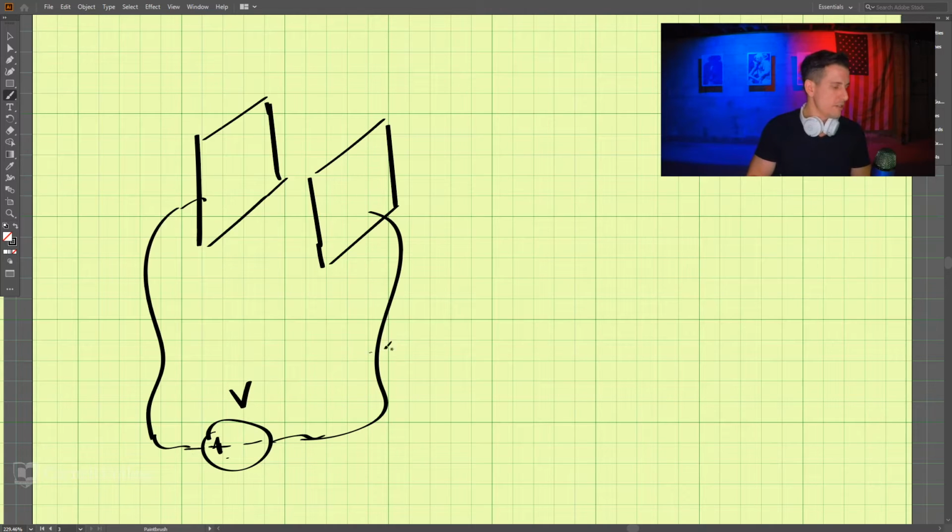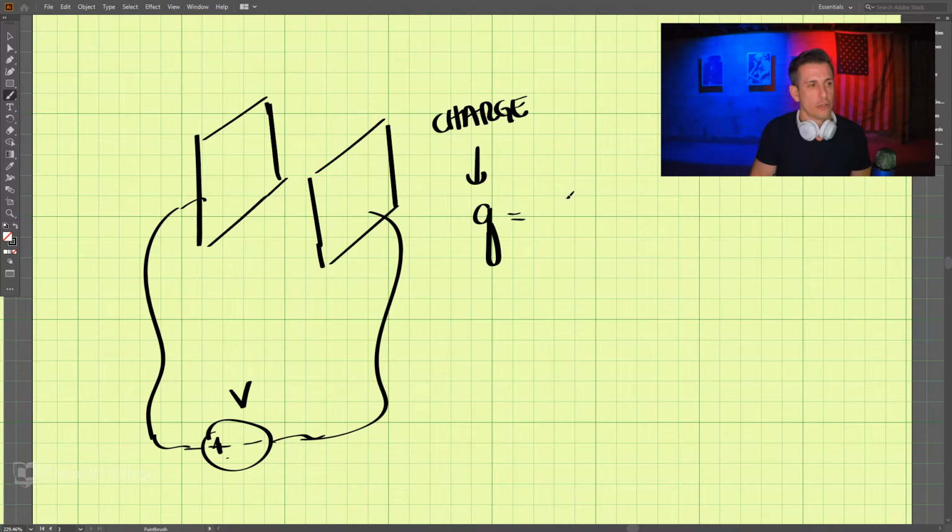The charge, Q, is equal to the capacitance C times the voltage.